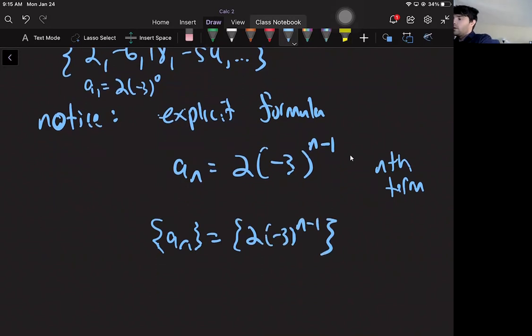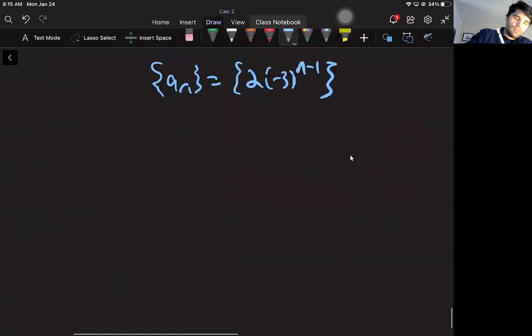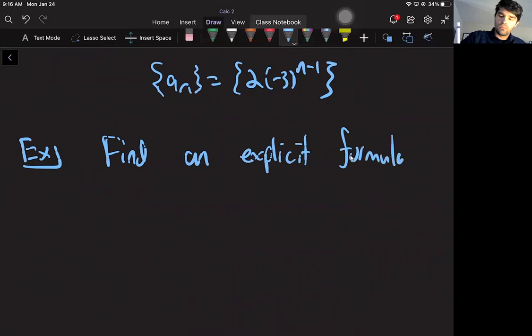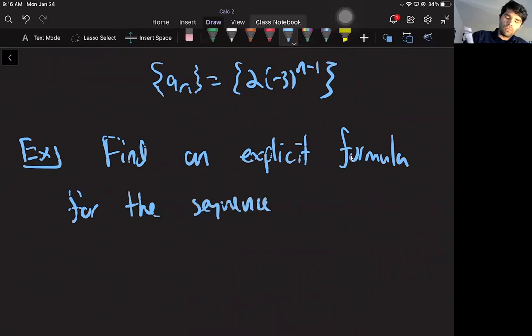Let's see. All right. So let's do another example of this kind of thing. Find an explicit formula for the sequence. So again, it's going to be given to you in a recursive way.